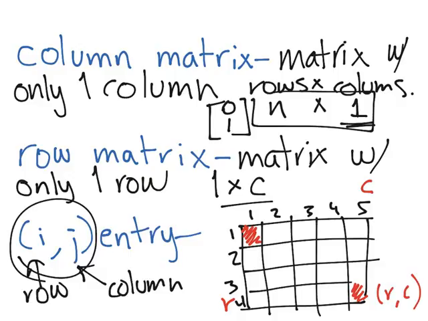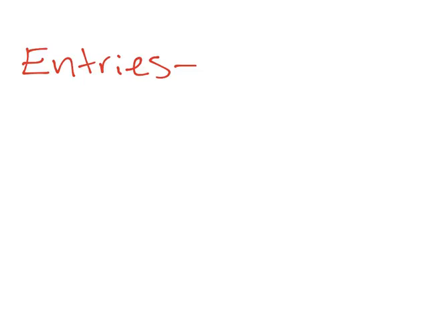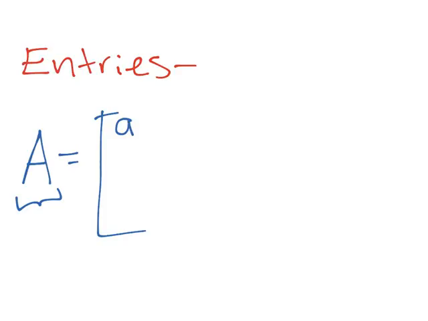Very well. Now, entries. There is a special notation for entries in a matrix. We always write variables that represent matrices with capital letters, and then its entries will have a subscript with two numbers represented by i and j, the row and the column.